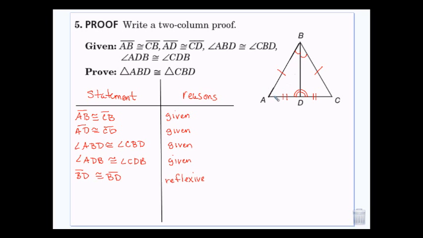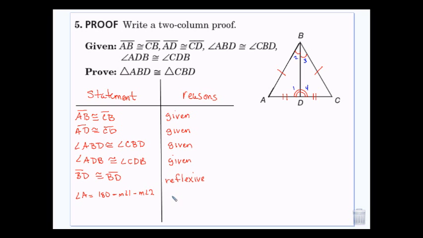What do I know about angle A? I'm going to go ahead and label these 1, 2, 3, and 4 for now. Angle A is equal to 180 minus angle 1 minus angle 2.